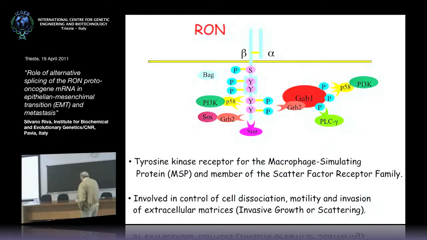That's why this guy is an oncogene. He's an oncogene because some friend of ours in Turin many years ago discovered that certain colon carcinomas contained a very high level of this oncogene, or better, a very high level of a truncated form of this oncogene.